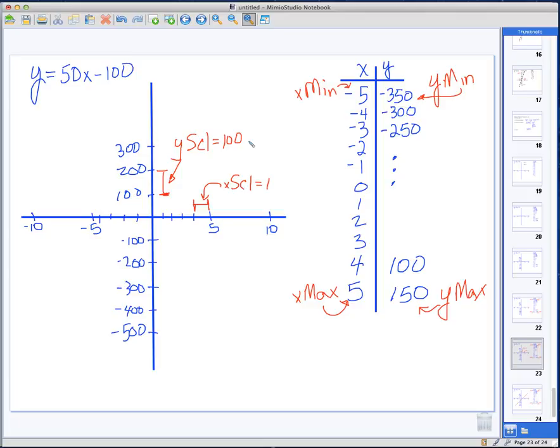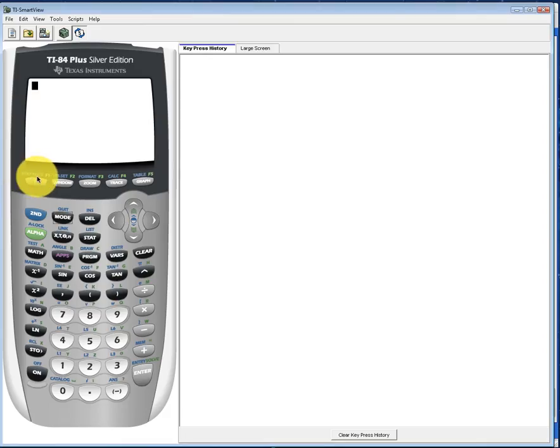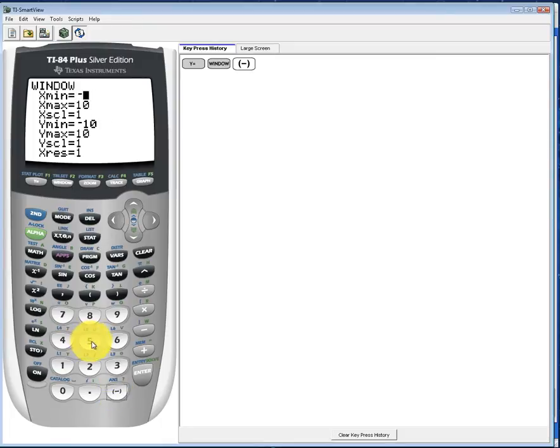Now we'll make the graph on the calculator and see what it looks like. Now, I've already entered the equation into our y equals, so that's 50x minus 100. But now let us set up the window. So we decided that we want the window on the x-axis to go from -5 to 5. So set that up to -5 to 5.